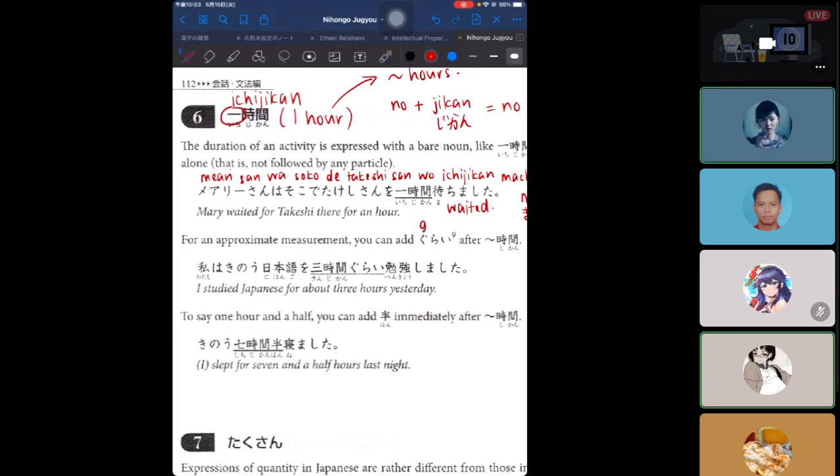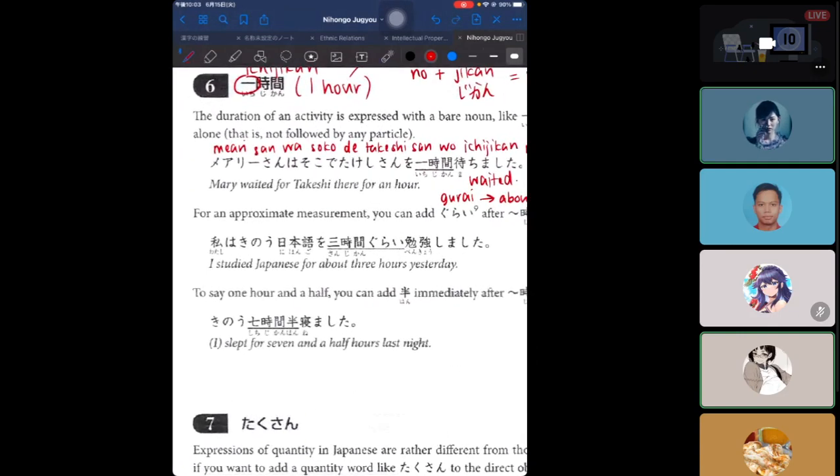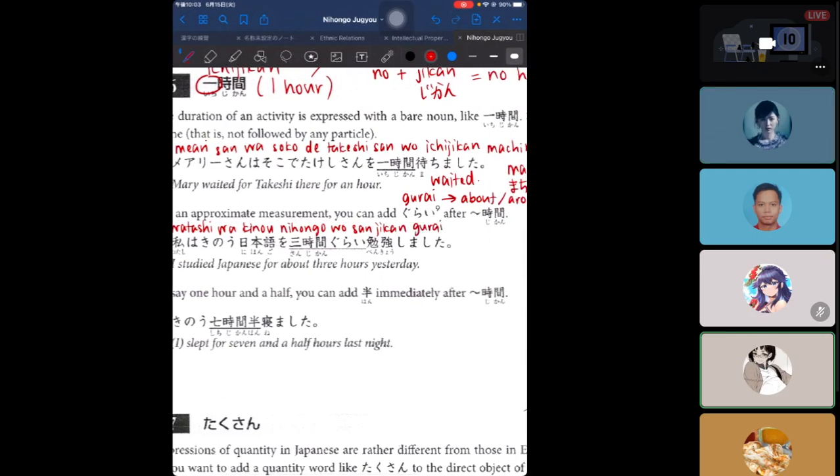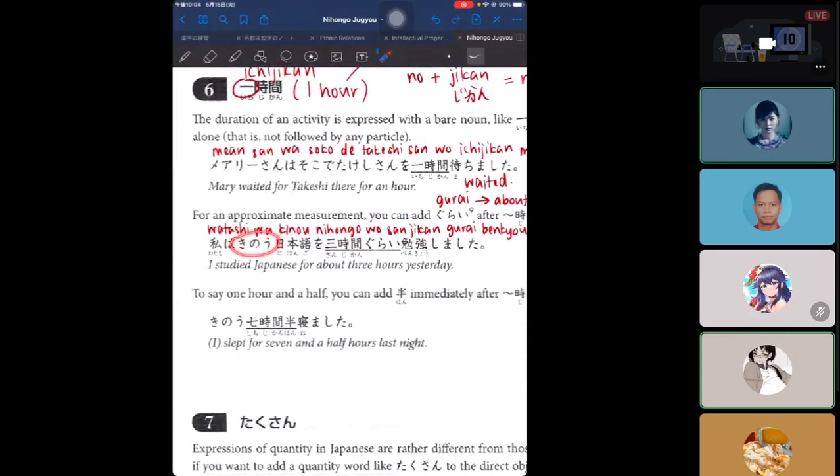ぐらい means about or around. So ぐらい, 何々ぐらい. 私は昨日日本語を3時間ぐらい勉強しました。So "I yesterday", 日本語 is of course Japanese language. 3時間 is 3 hours.